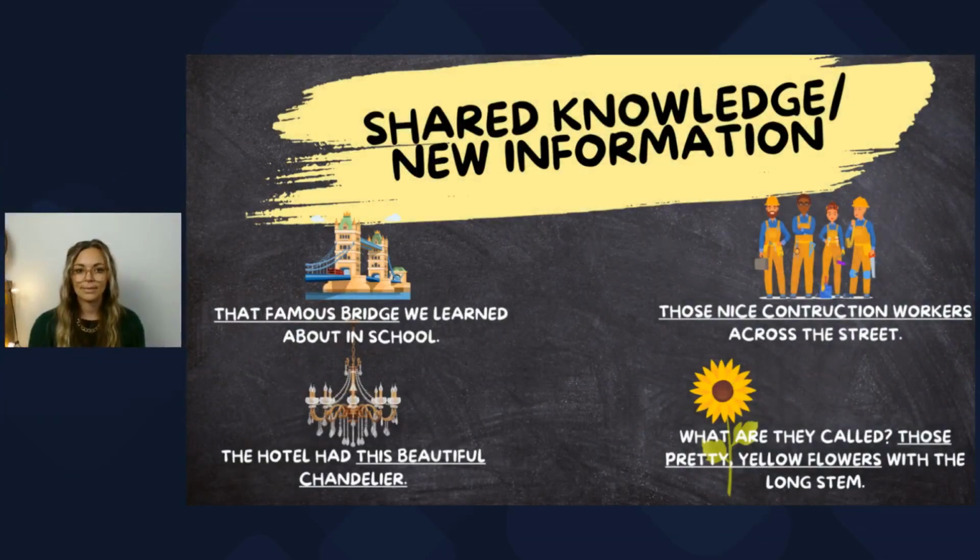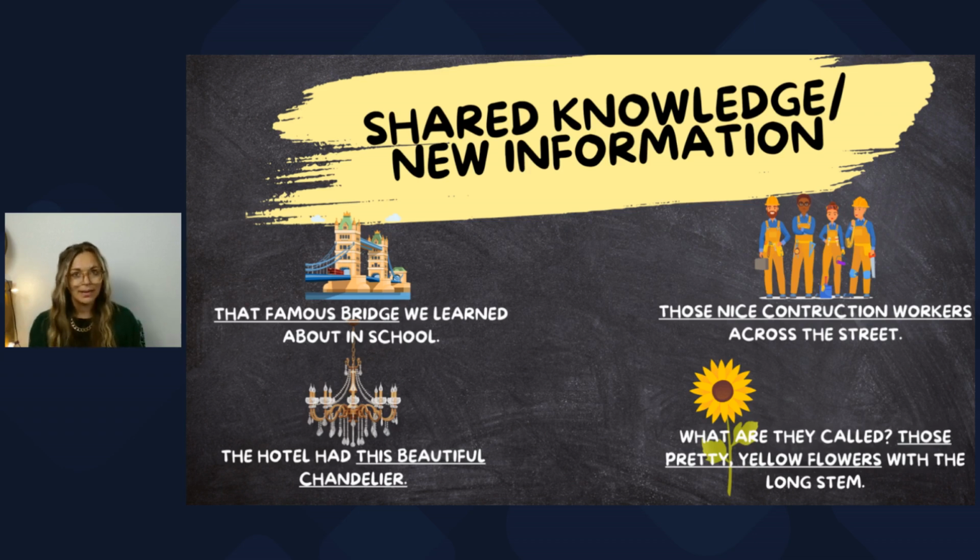Okay. And finally, the fifth use that we are going to be talking about today. Shared knowledge or new information. We use this, that, these, and those for things we can see and point at, and also for things we can't see, like ideas and information.